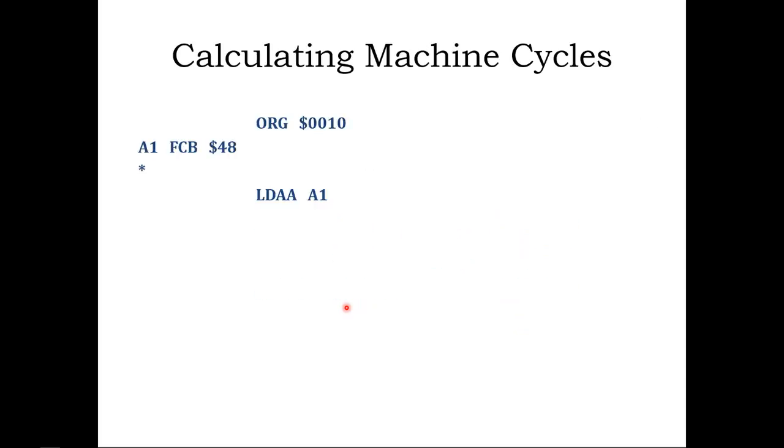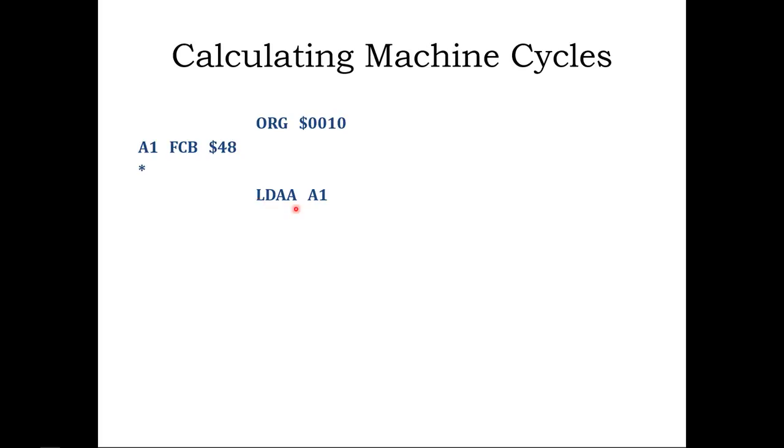Okay. Now let me show you something again about the machine cycles, where we also have something about the zero page. For example, let's say you have this line number 3 and you are trying to calculate the machine cycles.